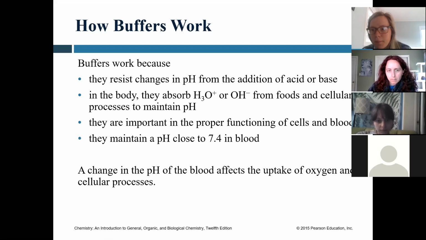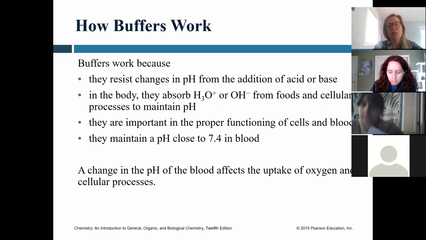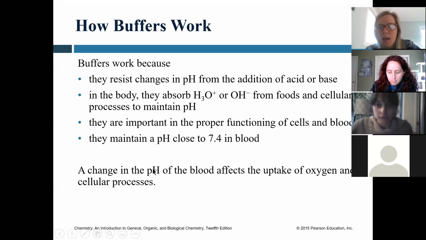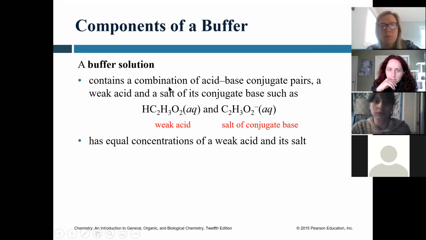Our blood is a giant buffer solution that has a pH of 7.4. If we were to add acid or base to the blood system in some way, it would help balance that out. If we shift our pH in our blood too much, then it can have issues with oxygen intake.